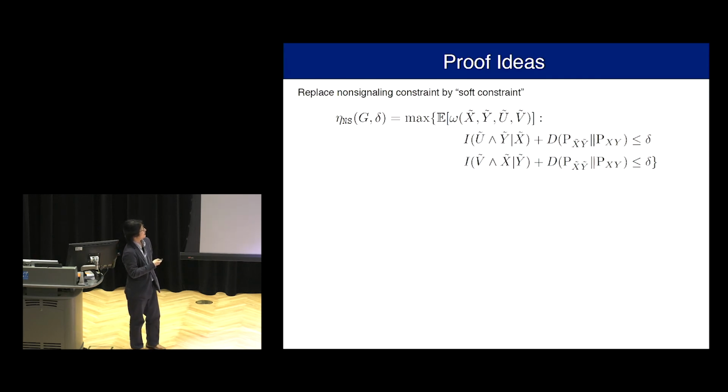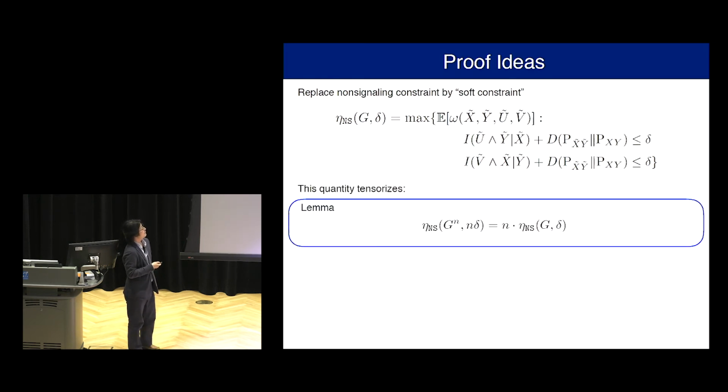To prove this claim, we first introduce a penalized value of the game like this. So we add a penalty describing the non-signaling condition like this. And also we add a penalty describing the joint distribution as well. Then we prove tensorization property of this penalized value.